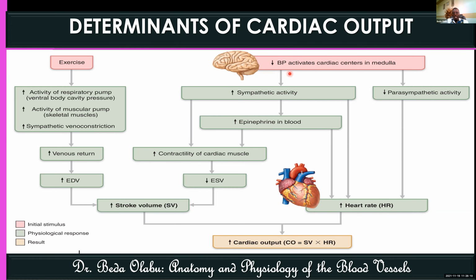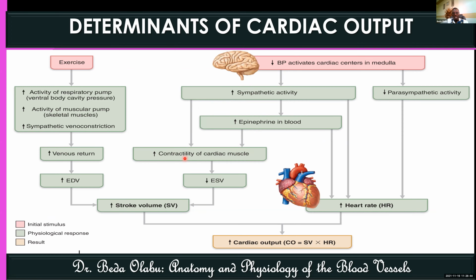If you have a fall in blood pressure, for example, the brain will detect that fall and initiate sympathetic activity. When you initiate sympathetic activity, that will increase heart rate automatically, which will increase blood pressure. But it will also cause adrenaline to be released into the circulation. It's a hormone. It will also increase heart rate, but it will also have a positive inotropic effect.